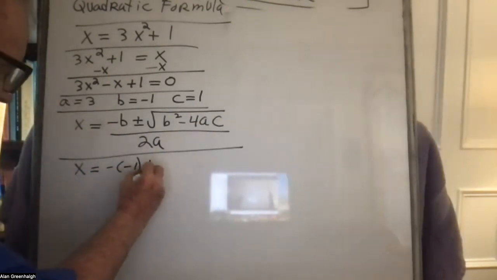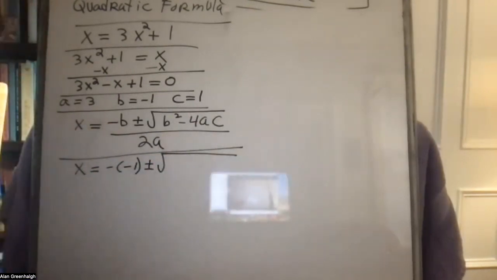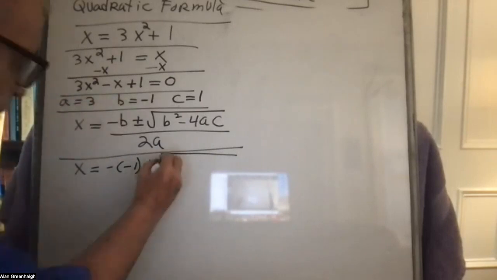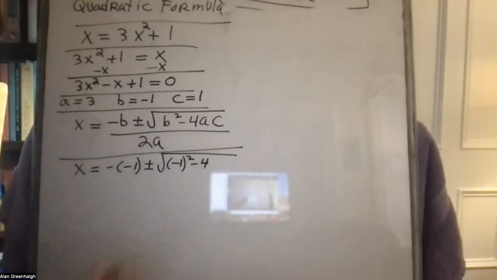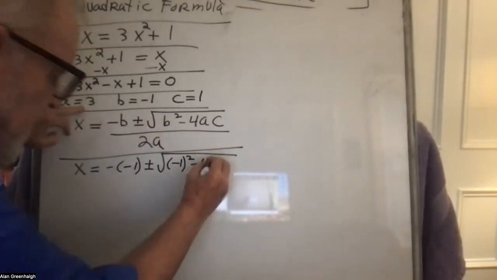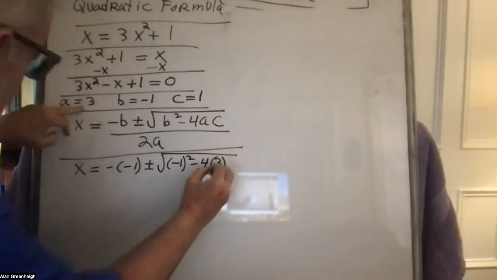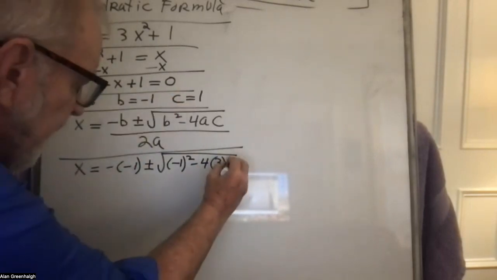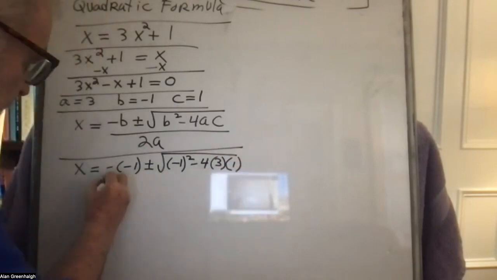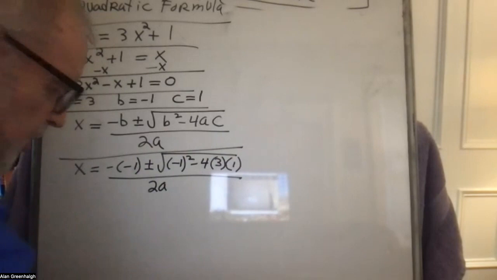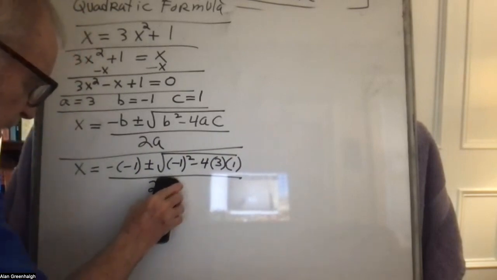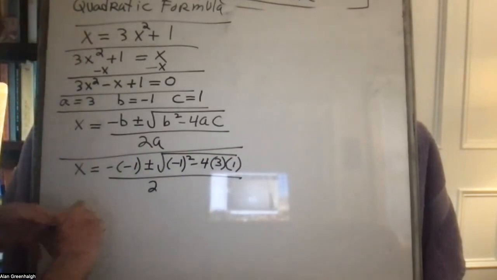And then plus or minus the square root of b squared, which is -1 squared, minus 4 times a, which is equal to 3, times 1, over 2a, which again, I did the same thing. 2 times 3.